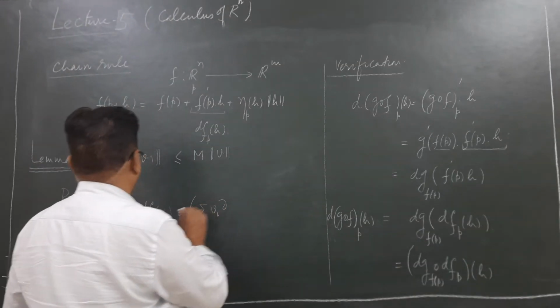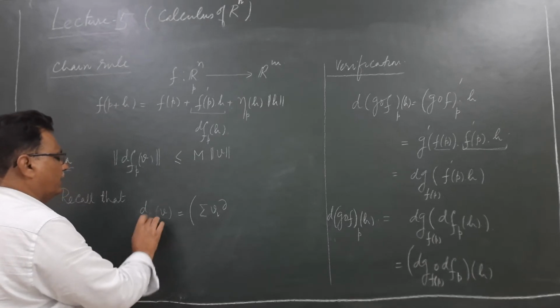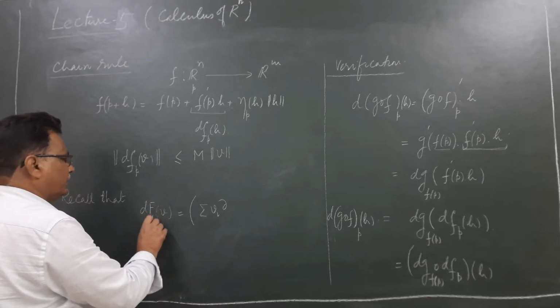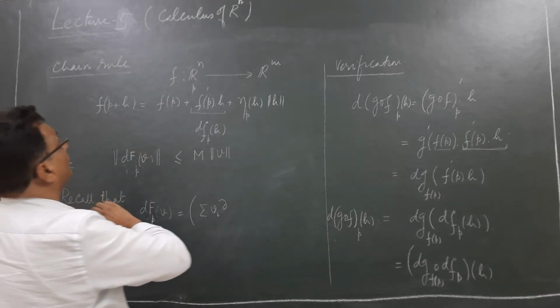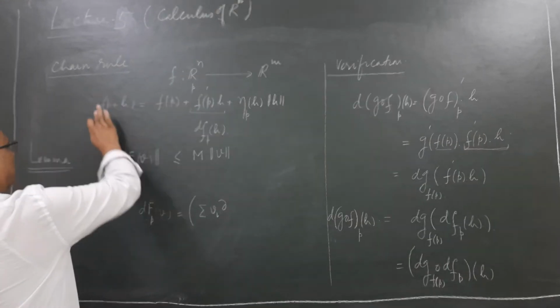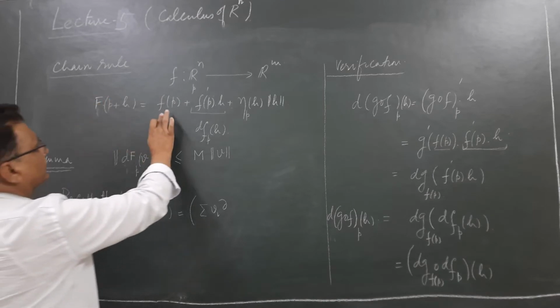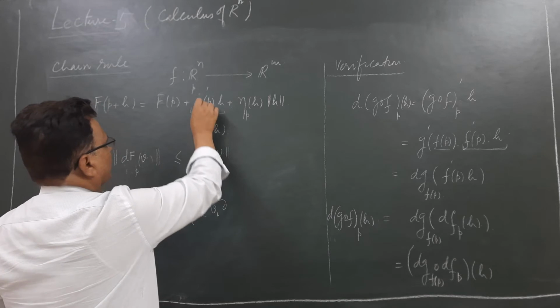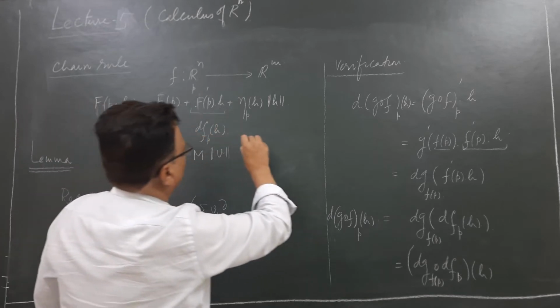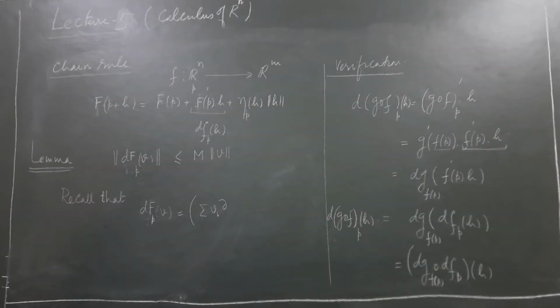Okay. If you want to use capital F for the R^n setting, okay, change it. So everywhere this is our convention that we use capital letters for the R^n setting and small letters for R. Okay.